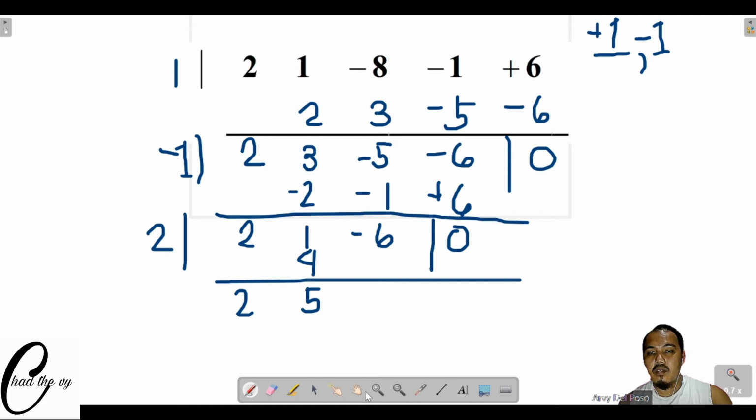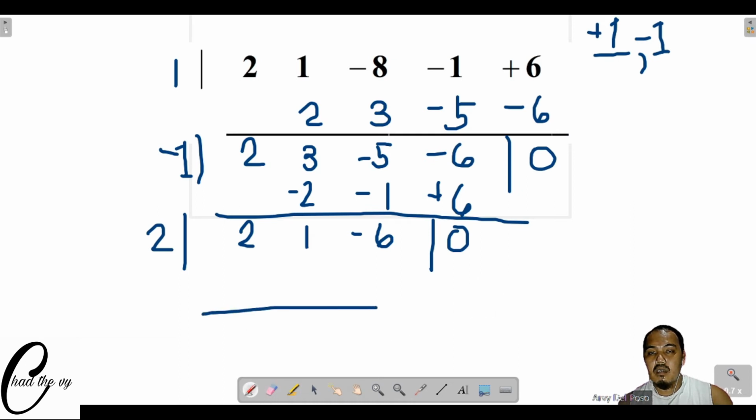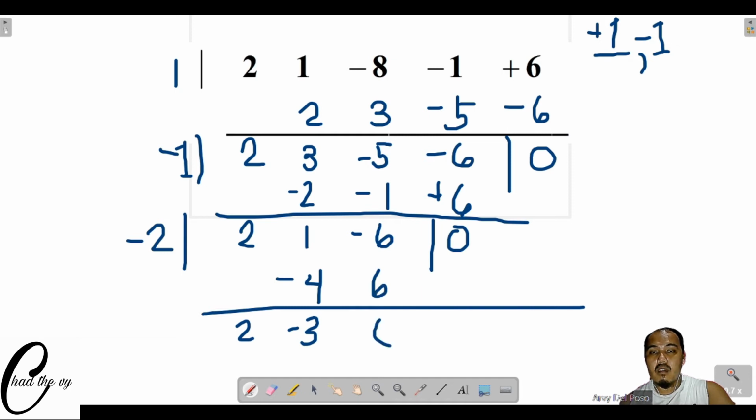It means hindi siya yung factor. So bura tayo. Okay. Then negative 2 natin. So negative 4 tayo dito. Negative 4 plus 1 is negative 3. Negative 2 times negative 3 is positive 6. Okay. 0 tayo rito. Ayun. Kuha na natin. So factor niya ay negative 2.